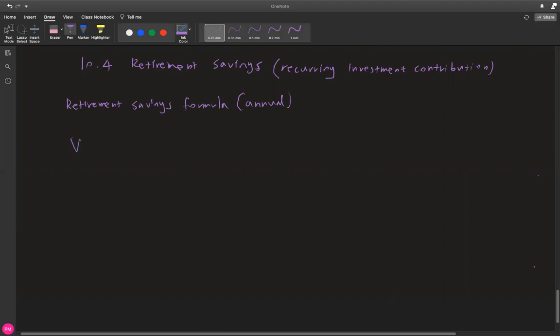And that is given as V equals P, and you multiply by 1 plus R to the power of Y, and you take away 1 and divide everything by the R. Here, V is the total value of the account. And P here is the annual contribution.